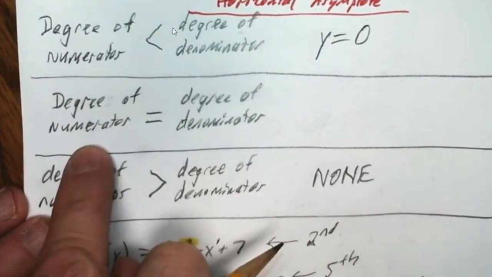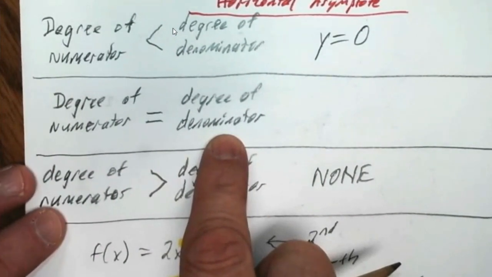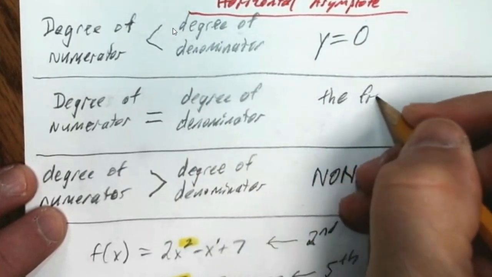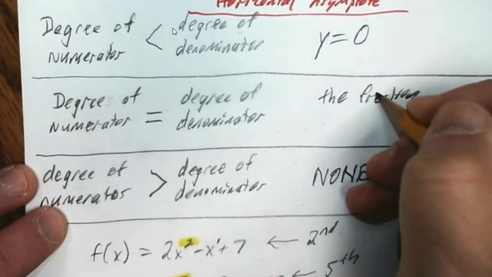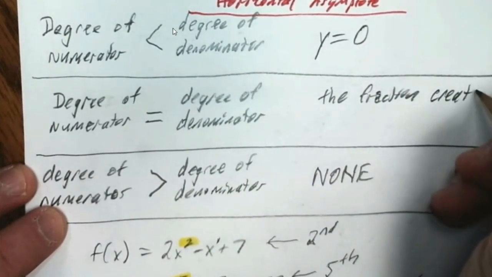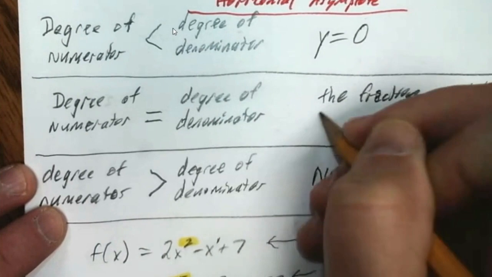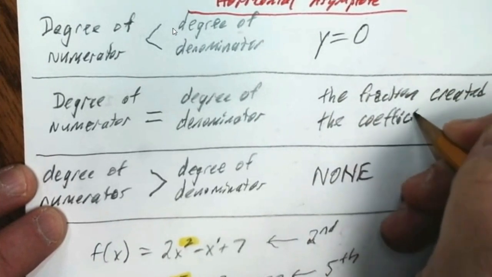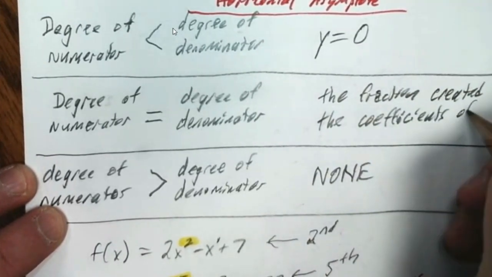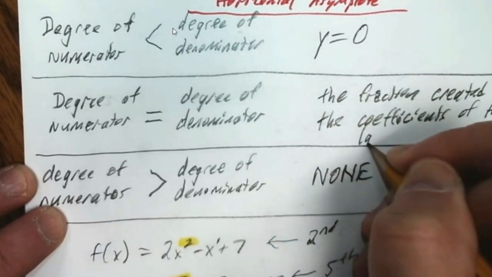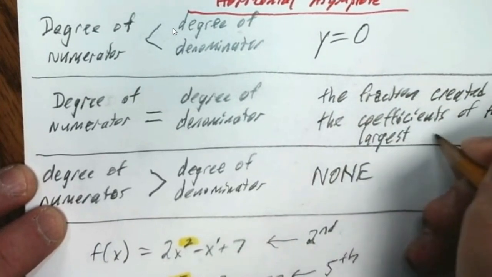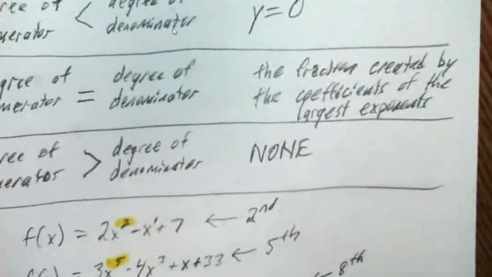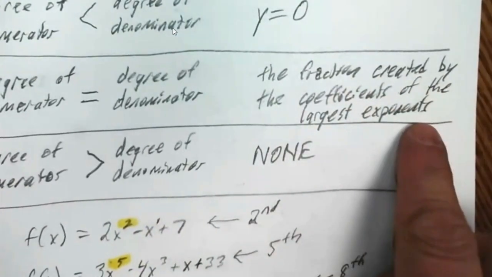But if the degree of the numerator equals the degree of the denominator, it is the fraction created by the coefficients of the largest exponents.